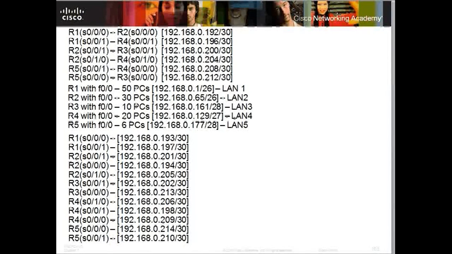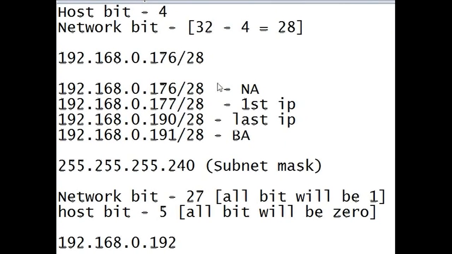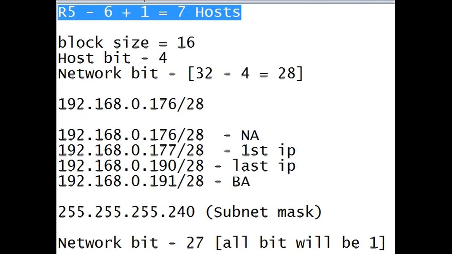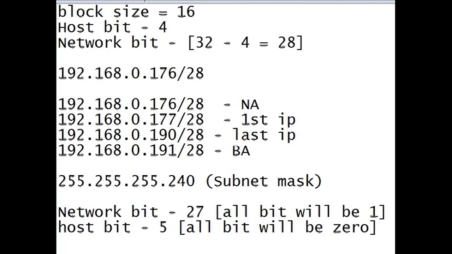So the 6 different networks will all be of size 4. So since there is a connectivity between routers of 2 IPs, I will be requiring a block size of 4. So here in this case, if I go for block size of 4, it will be /30.